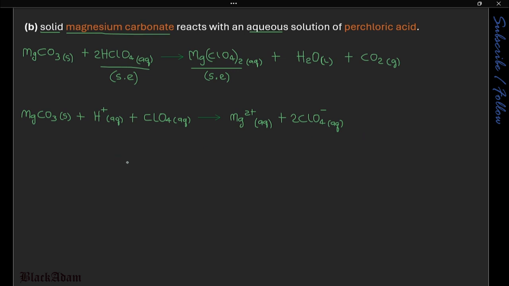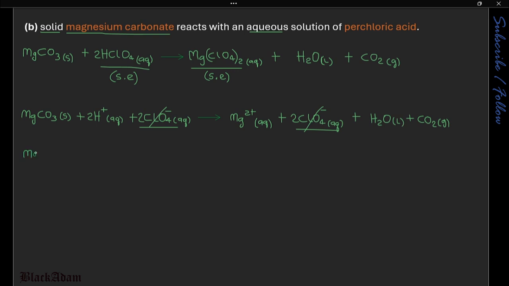Okay, so let's check. We have water, H2O, which is liquid, and carbon dioxide, which is gas. When we check, it's 2 there and 2 there, so the negative charge balances.